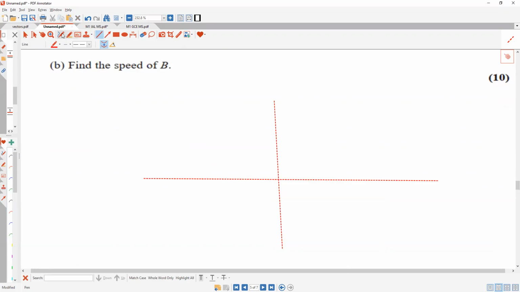This is the point we are having, and we have to find the bearing. So this is my angle. Opposite is 7 and this is 6. So tan theta is equal to opposite over adjacent. How much is opposite?